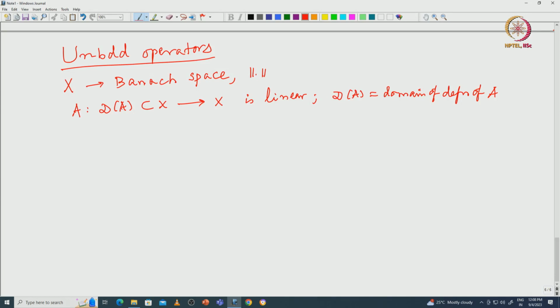So we introduce the so-called graph norm of A, the norm of x plus the norm of Ax.